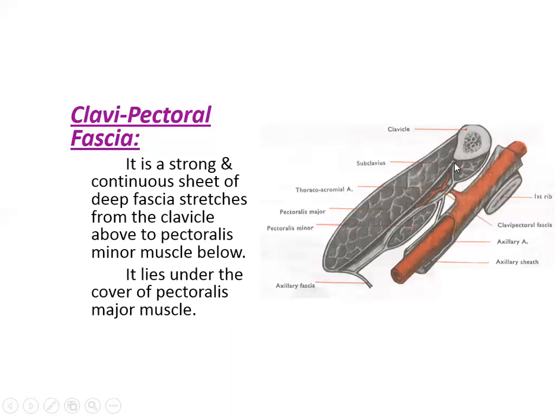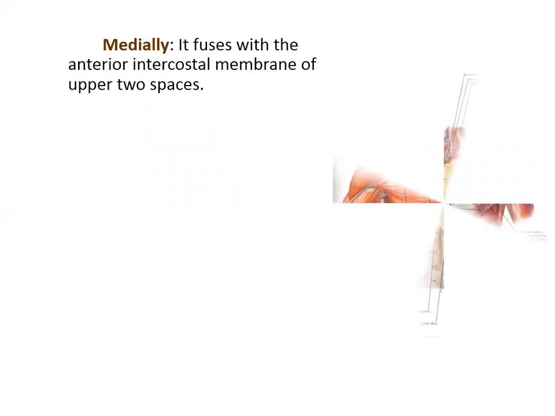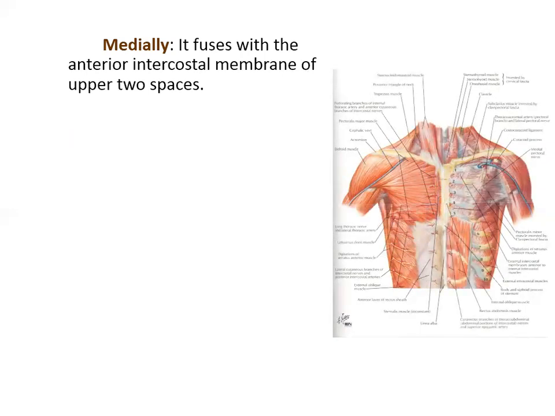The clavipectoral fascia splits above to cover the subclavius, and below it also splits to cover the pectoralis minor muscle. So it lies under the cover of the pectoralis major muscle, and it covers the two important muscles, the subclavius as well as the pectoralis minor. Medially, it fuses with the anterior intercostal membrane of the upper two spaces.